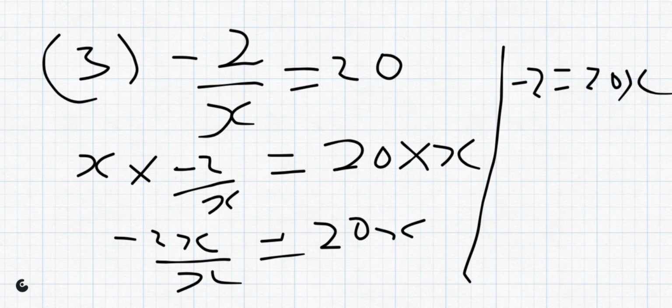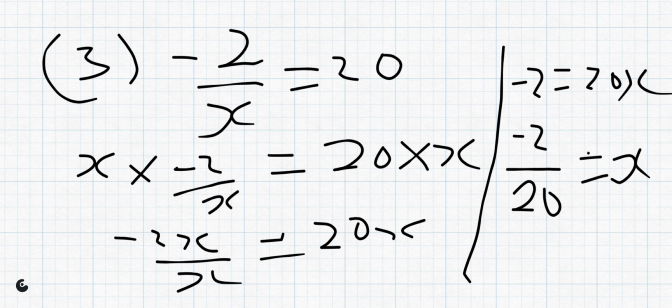Now to get x, we divide both sides by 20. So we are going to have minus 2 over 20 is equal to x, because if we divide both sides by 20, 20x will cancel 20 and we'll have only x. So minus 2 divided by 20.